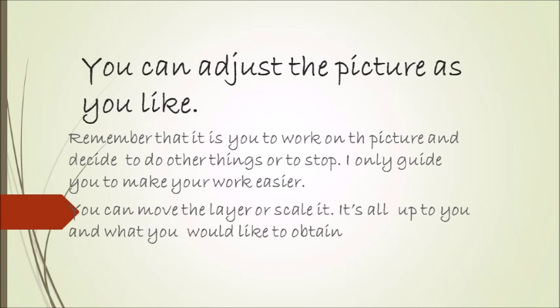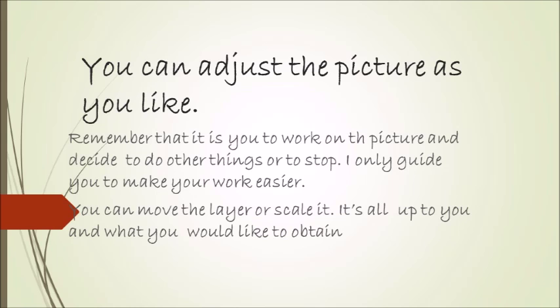Now, my puppy, I like it, but you can adjust the picture as you like. Remember that it's always you to decide. If you do something wrong, as I said, it's enough to go to the Edit menu and undo the previous selection. You can move the layer, you can scale it.